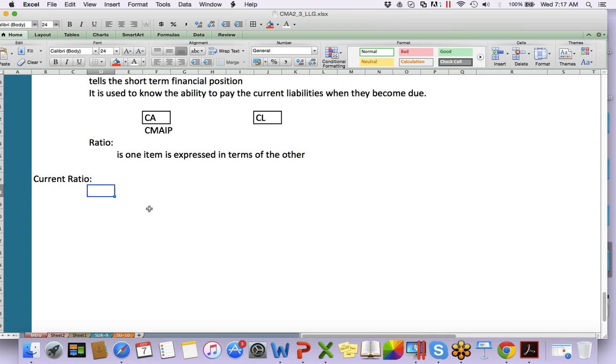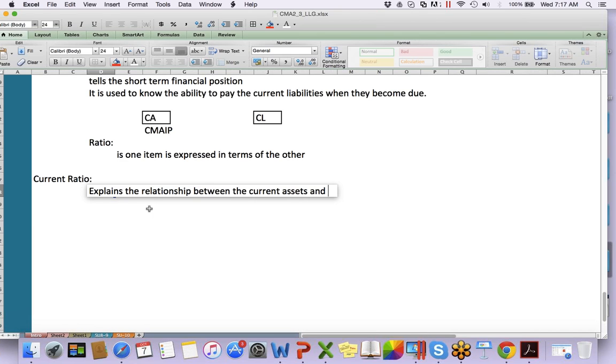Current ratio explains the relationship between the current assets and current liabilities.